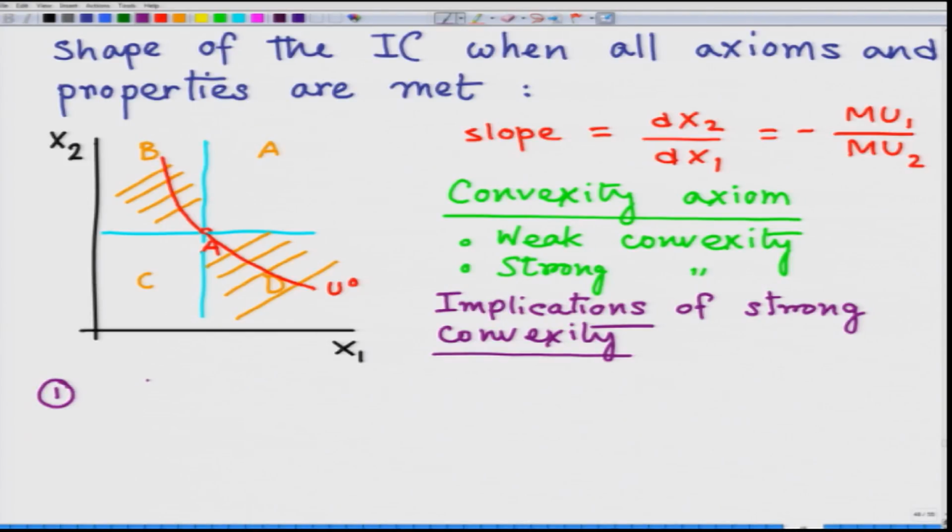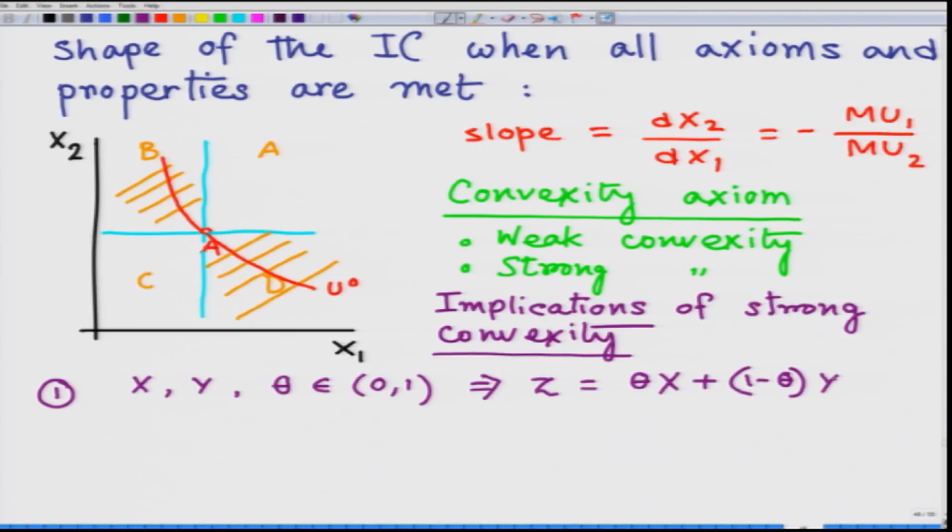So, if the consumer has 2 commodity bundles X and Y, and if we can assume a theta such that it takes value between 0 and 1, then we can construct a consumption bundle, an average consumption bundle, which is a convex combination of the bundles X and Y, and that average bundle will be preferred over either the X bundle or the Y bundle.